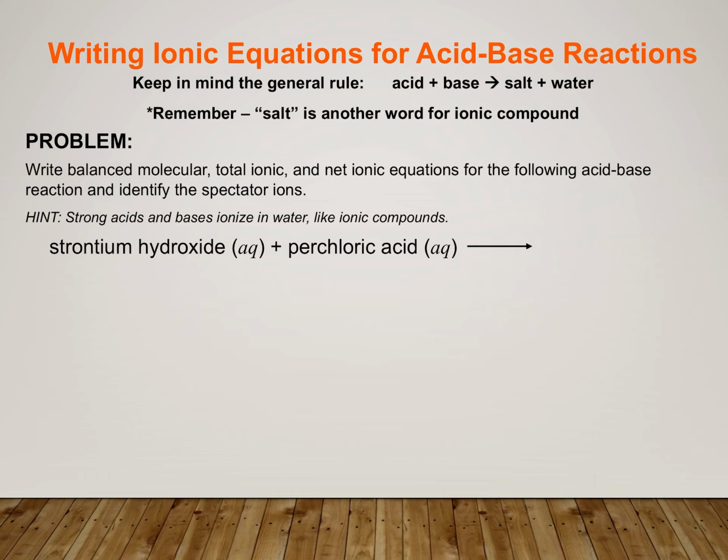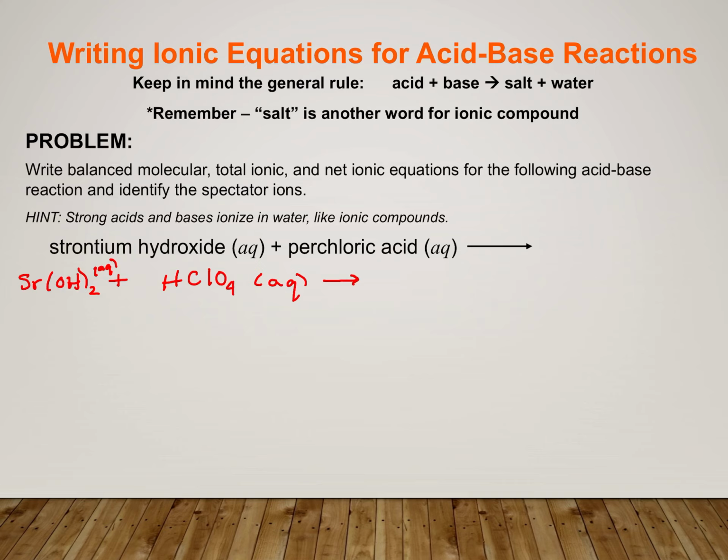Strontium hydroxide plus perchloric acid. Okay, so strontium hydroxide, aqueous, reacts with perchloric acid, and both of those are going to be aqueous, not only because it says it, right, but because our hydroxides are typically insoluble, but strontium is an exception. And then perchloric acid, most perchlorates are soluble.